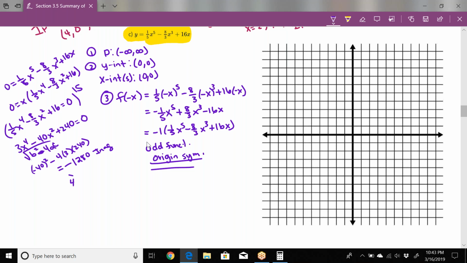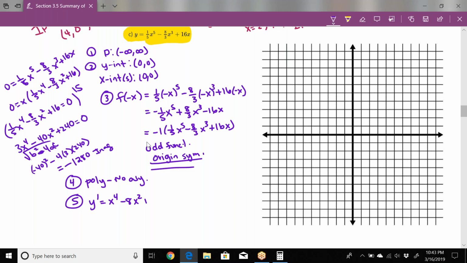Okay, for step 4, we want to look for asymptotes. Again, this is a polynomial, so there should be no asymptotes. For 5, we're going to take that first derivative. So y prime would be 5 times 1/5 is just 1, so that's going to be x to the 4th. 3 times negative 8/3 is just going to be negative 8, and then we lose the power, so that's x squared.